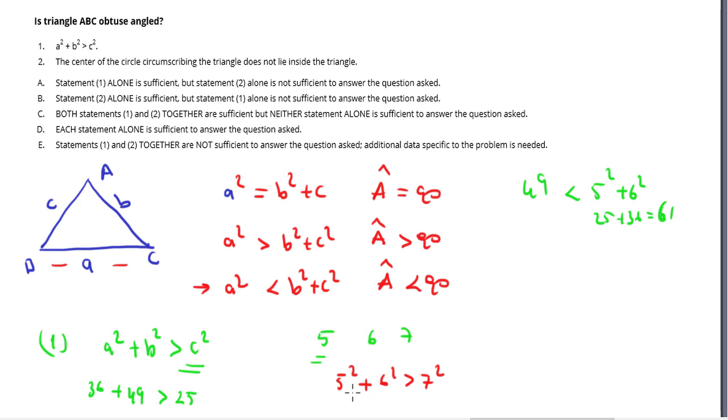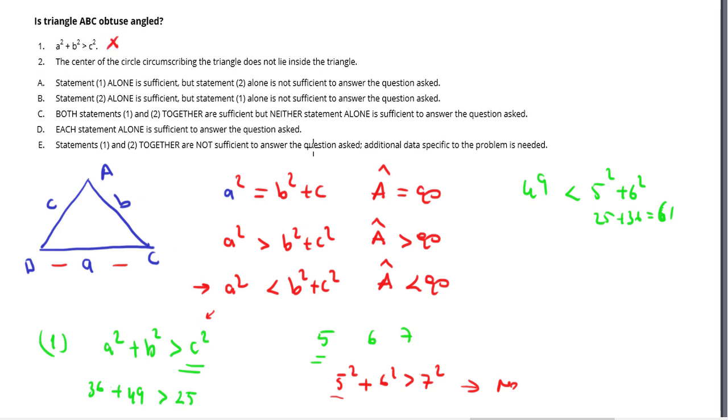So 7 square is less than B square plus C square, this case. So this makes us give a definite answer, no. If this is the case, this has to be an acute angle triangle. But since we don't know whether C is greatest or not, we can't give a proper answer. So this is not enough.